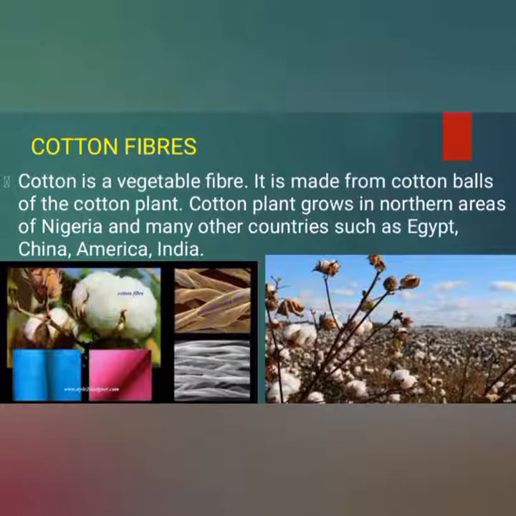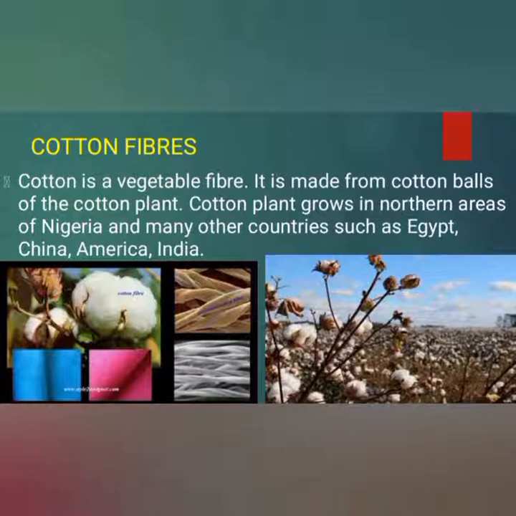The cotton plant grows in northern areas of Nigeria and many other countries such as Egypt, China, America, and India. You can see from the image here the cotton plant and the cotton balls. So they are vegetable fibers or plant fibers.